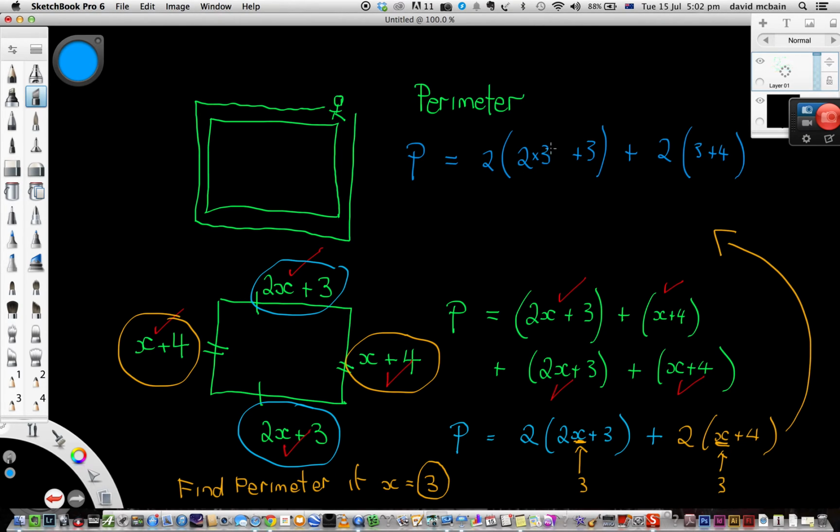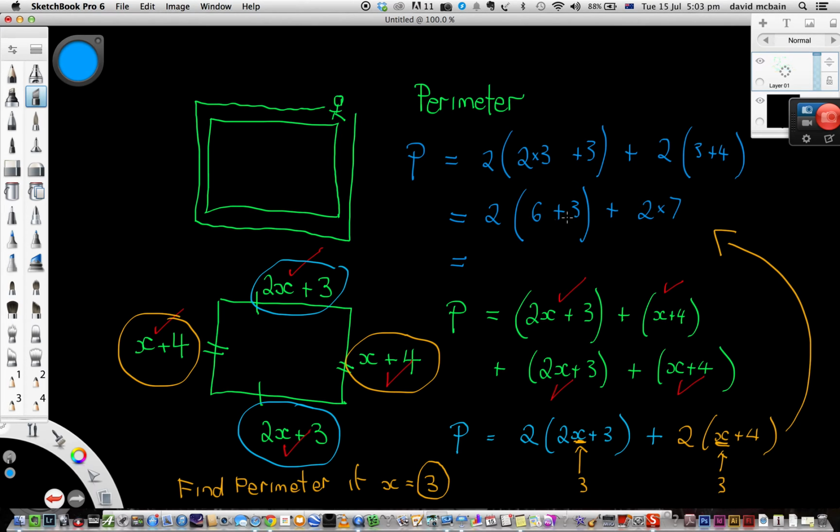Now remember, we do our multiplications first before we add, and we always work out the brackets before anything else. So it's going to be 2 lots of 2 times 3 is 6, plus another 3, close our bracket, plus 2 lots of, well, 3 plus 4 is 7, so 2 times 7. So that will equal 2 lots of 6 plus 3.